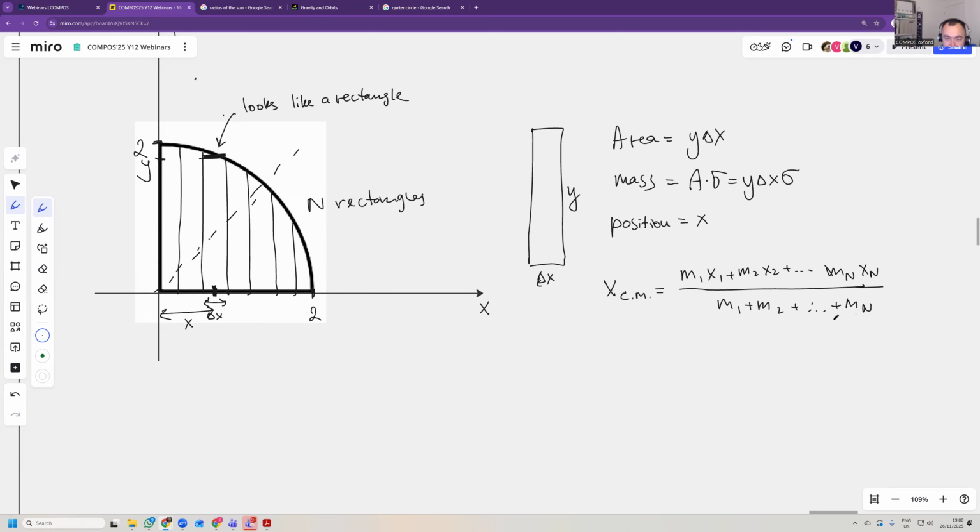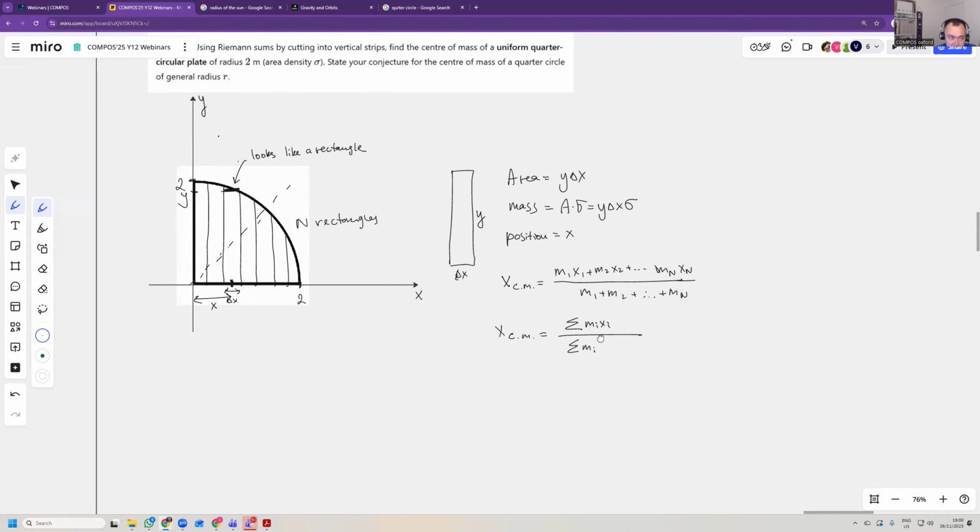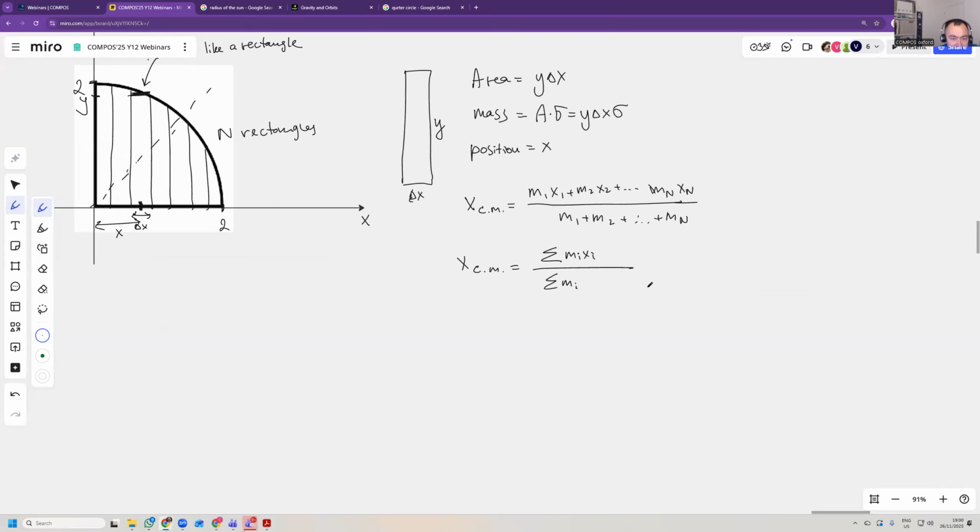plus mn. So x center of mass is equal to the sum of mi xi, the sum over these rectangles, divided by the sum of the masses. But the sum of the masses is just the mass of the quarter circle. That's pi r squared over 4, because it's a quarter circle, multiplied by sigma. That one's easy.